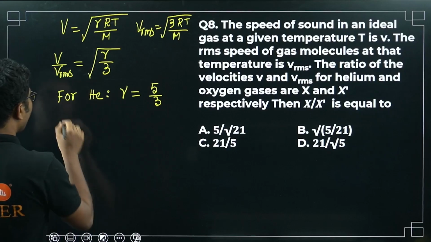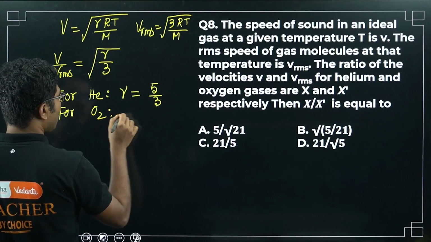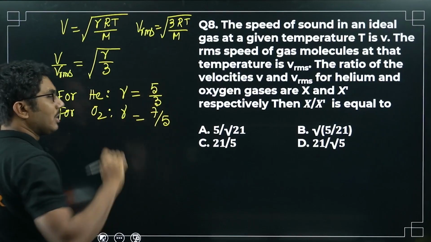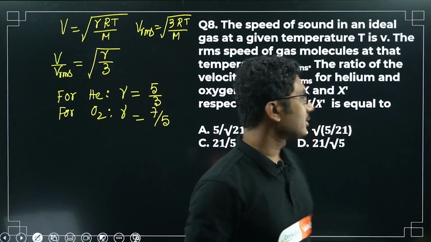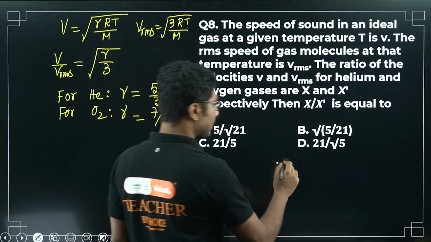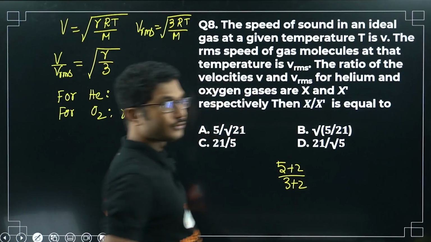Okay, and oxygen is a diatomic gas. For oxygen, gamma will be 7 by 5. So if you remember only one of them, monoatomic gas, then based on how many atoms are there, 2 atoms means diatomic, you have to add 2 to both numerator and denominator: 5 plus 2 divided by 3 plus 2. This is the way you should remember it.